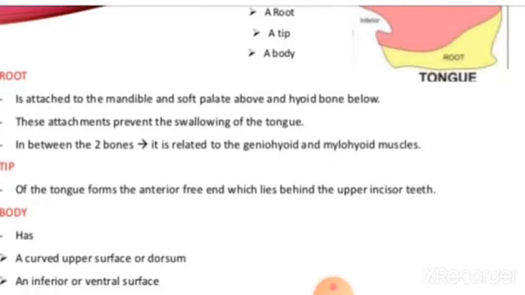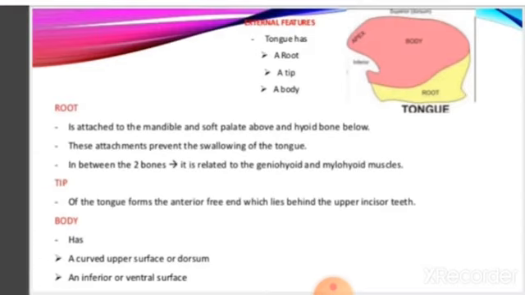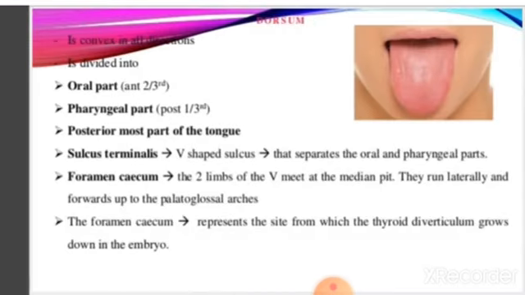Now, what is the dorsum made up of? The dorsum means the upper part of the tongue. It is convex in all directions and it is divided into parts.